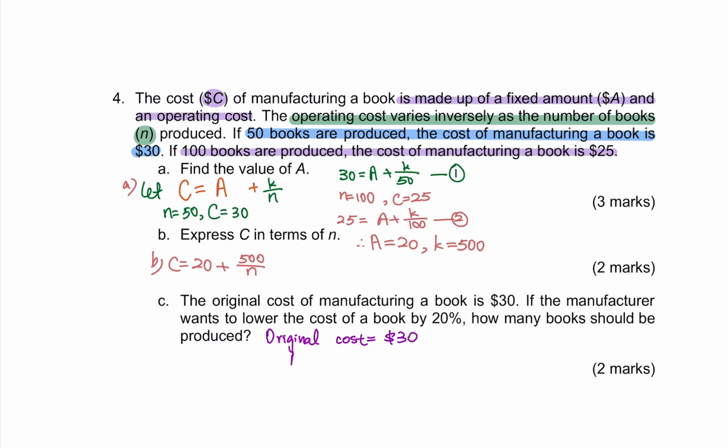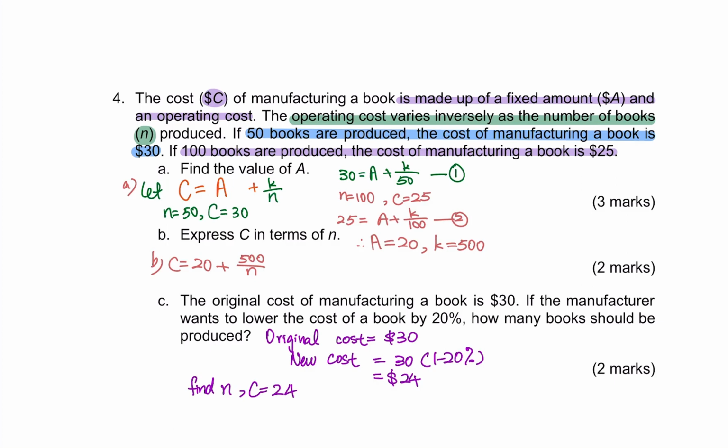Now what will be our new cost that we want? We just know it's reduced by 20%, which will be calculated 3 times 8. 24, yep, $24. And so that means we have to find the books, and our cost is 24.